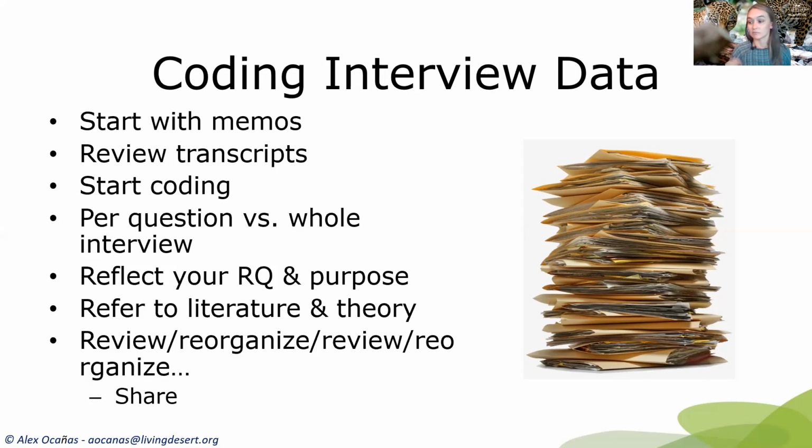So ask them to read through and essentially just do initial coding. They don't necessarily have to go through the review, reorganize process. But once they have their initial set of codes, then you can meet up again and go over them, find discrepancies, check your bias, things like that.